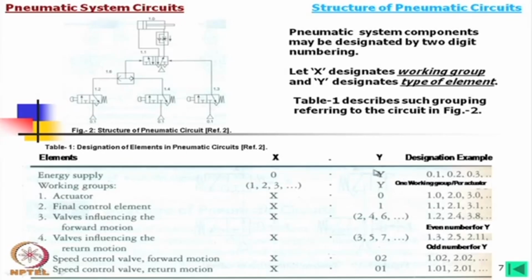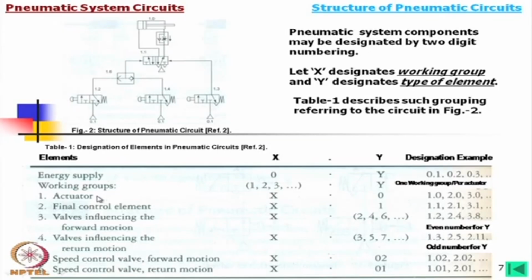So, for the working group, for the supply we put 0 at the place of x, and y is 1 maybe for general supply, then 2 may be another supply. Then the working group may be 1, 2, 3 etc., anything it can be, and there is one working group per actuator.